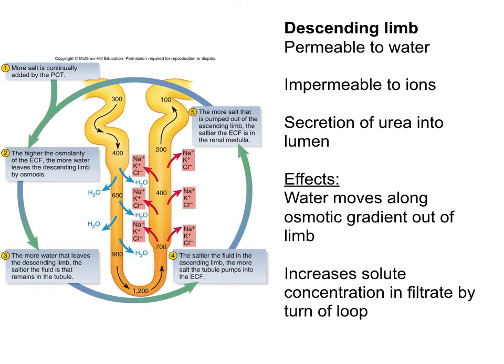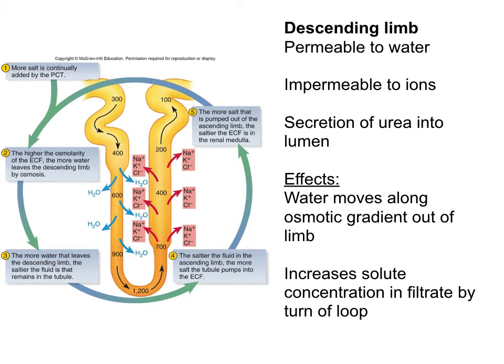Alright, so now as your ascending limb is actively reabsorbing the sodium, the chloride, the potassium, and secreting the potassium back into the lumen, establishing this really, really salty concentration gradient in the kidney interstitial fluid, your descending limb is doing something completely different.